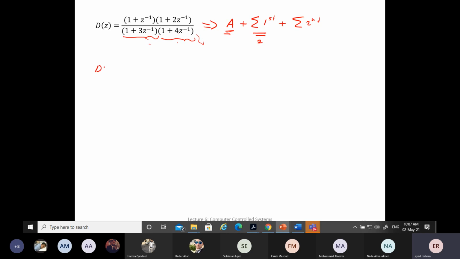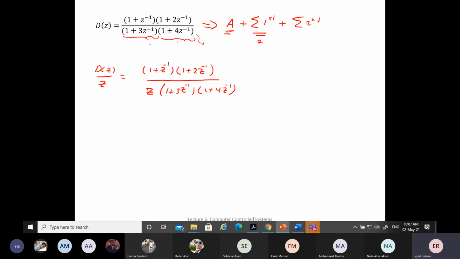Now I'm going to write d of z over z. This is to get the constant equal to a. Of course, d of z over z will give me 1 plus z inverse, notice there is 1 plus 2z inverse over, this is d of z over z. So I added z here, right, add z here, there is 1 plus 3z inverse plus 1 for z to power minus 1.